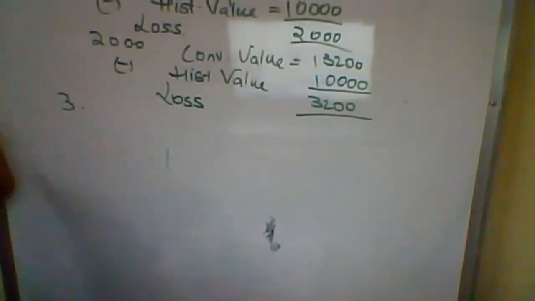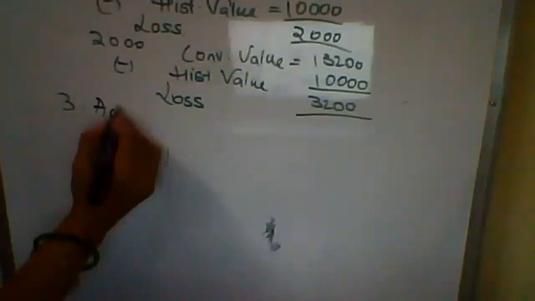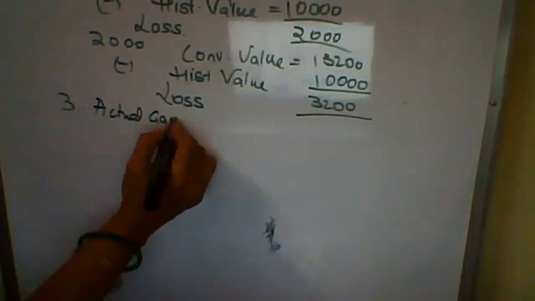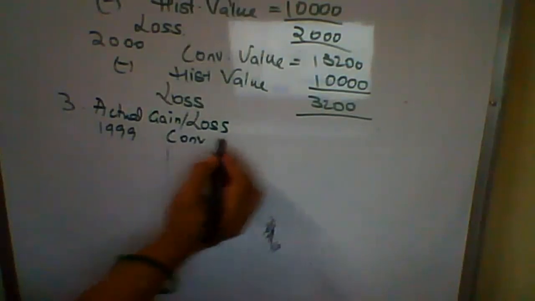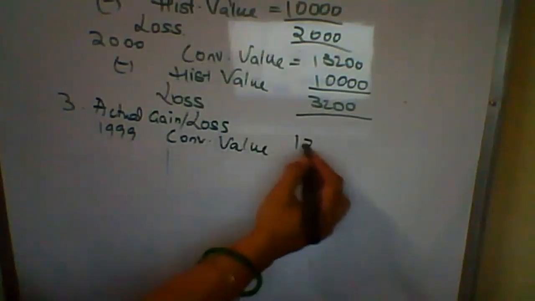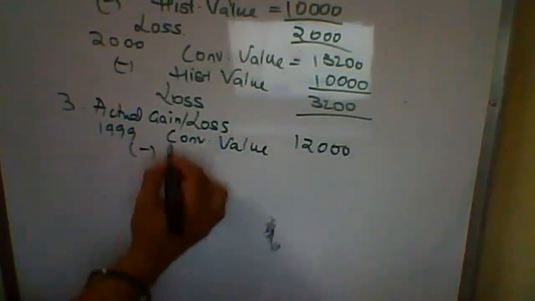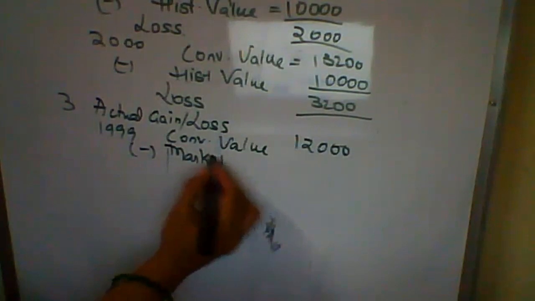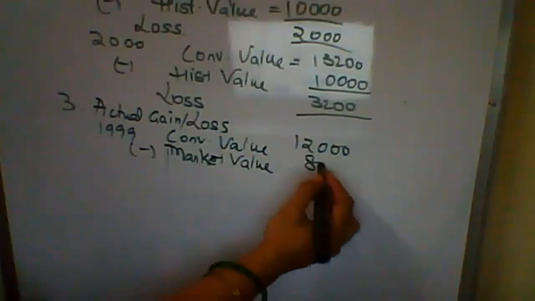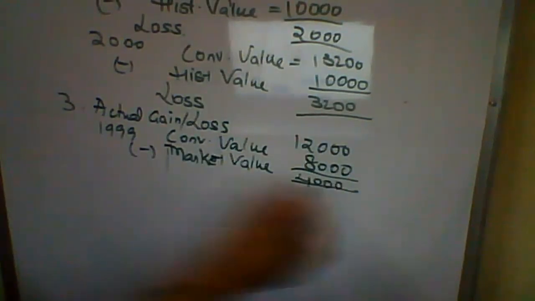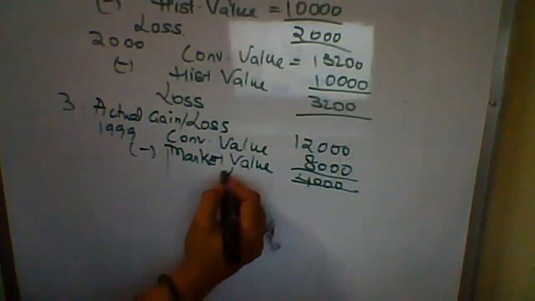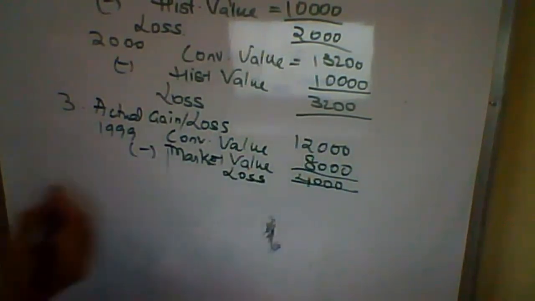So the third one which I am doing now is in 1999, converted value 12,000 minus market value which he gave you in 1999, only 8,000. So you get a loss of 4,000.